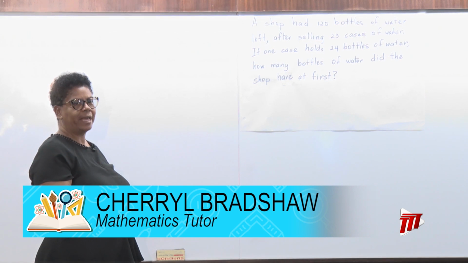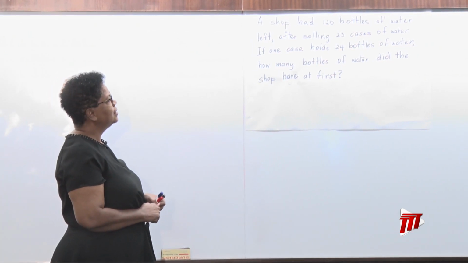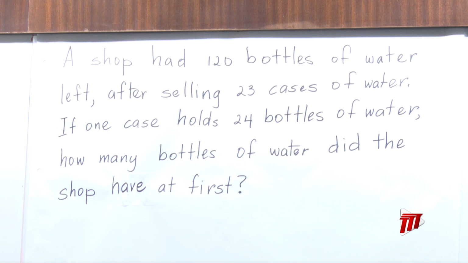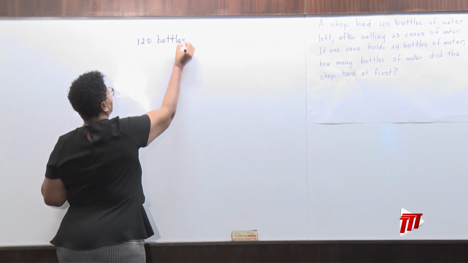Now let's try to understand the context. Many times we buy objects that come in boxes and that are in cases. So we know that the shop had 120 bottles of water left. So we're going to write that first thing down. We know that: 120 bottles left.